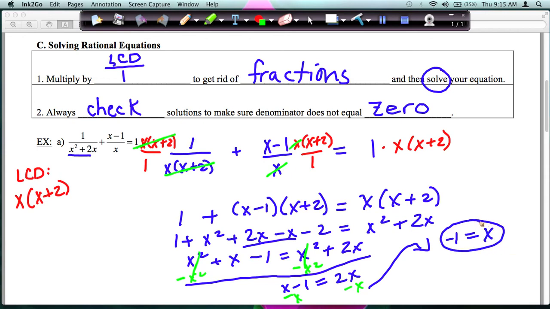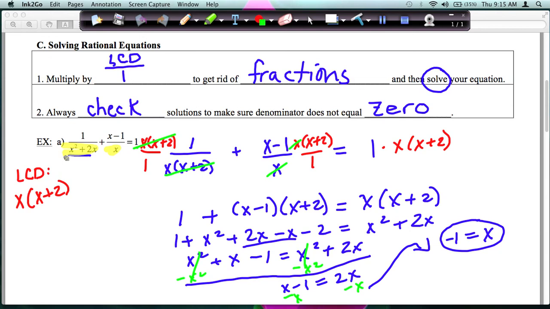So that's our solution. Now before you make sure that's the solution, go back over here, and you don't have to do a bunch of math. What you have to do is check that number you got in both of these denominators, because this doesn't have a variable over here, and see if I plug in negative 1 into this first denominator, would that equal 0?